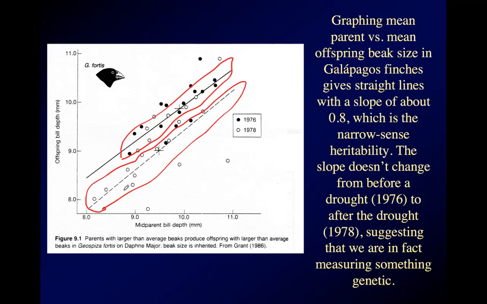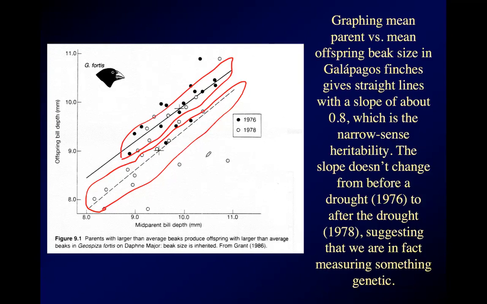So there's been selection going on, but the slope of the line hasn't changed. And that strongly suggests that we are measuring something that's genuinely got to do with genes, because a year of very strict selection moves the line, but doesn't change the slope at all. So it looks like beak size in these Galapagos finches is under pretty stringent genetic control.